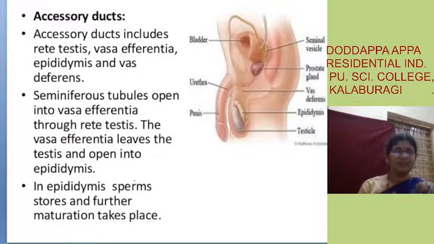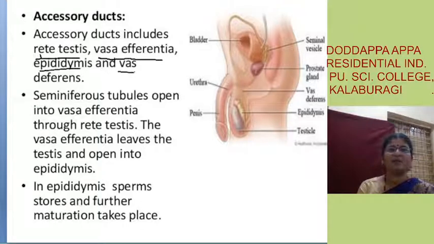Accessory ducts. Why do we use the term accessory? These are not compulsory for the production of the sperm, but they support the survival of the sperms. The accessory ducts include the rete testis, vasa efferentia, epididymis and vas deferens. These you have already learned.